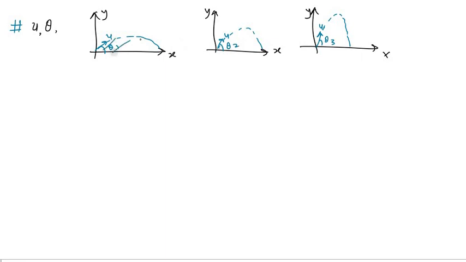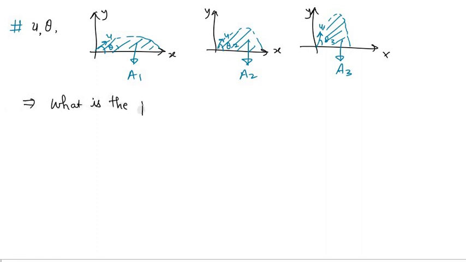Do you see the area under the curve? That is also different. In the first, the area is A1, this area is A2, this area is A3. So area depends upon theta. Now my question is, let me rephrase this question again.